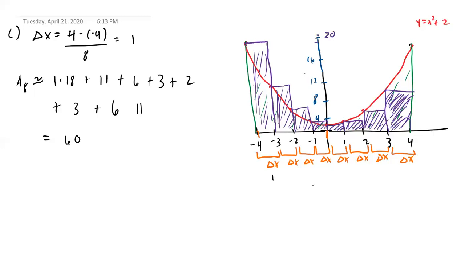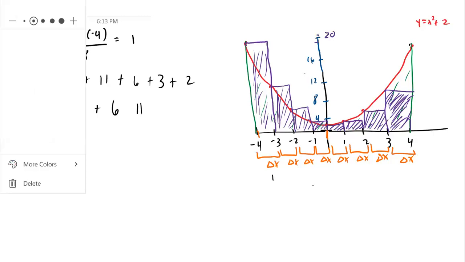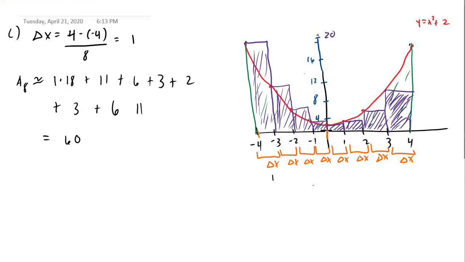What is the actual area? Okay. Again, by looking at the pictures, it should be obvious that the most accurate one should be area sub 8 when we use 8 subintervals. Okay. The actual area, what is that going to be? So I can actually calculate it in my head here real quick. So give me a moment. And you'll be able to do this once we relate this to antiderivatives.